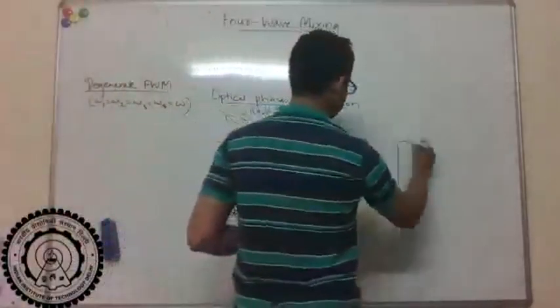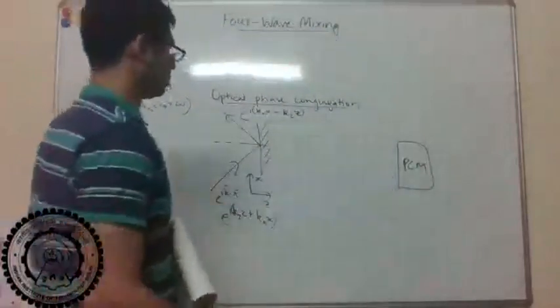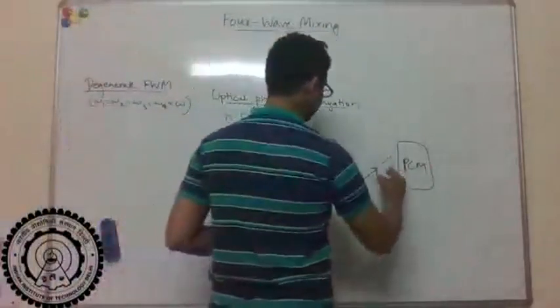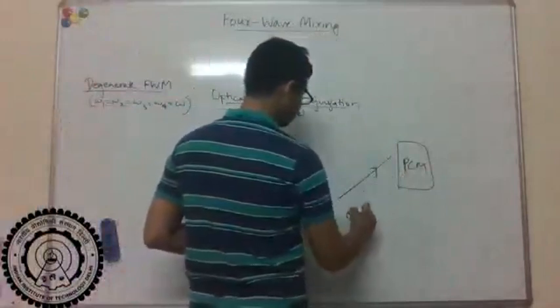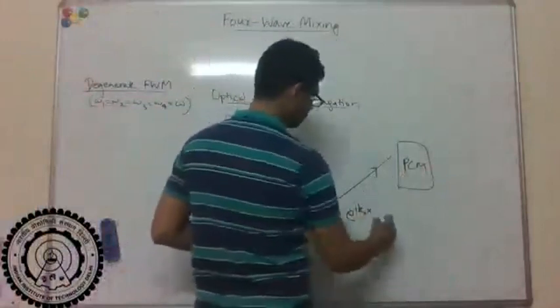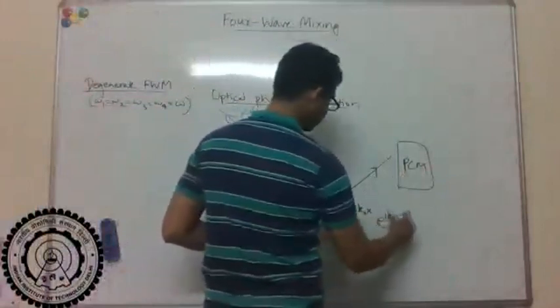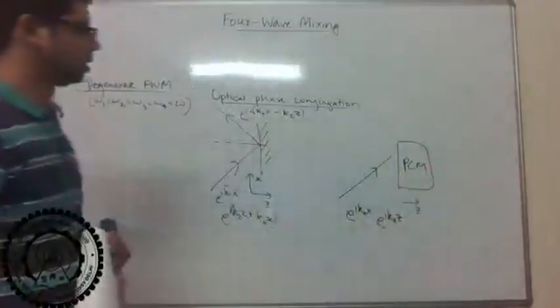But now let's say you have a phase conjugate mirror. If I have an incident wave like this, with some input phase which looks like that, and direction of propagation again is z, right?